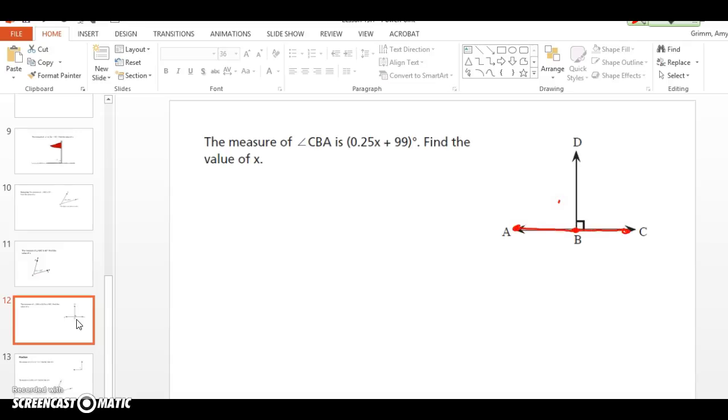CBA is 0.25x plus 99. Find the value of x. How would I set this one up? Samantha. Very good. Equals 180.